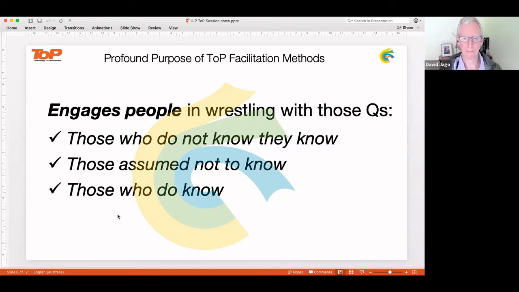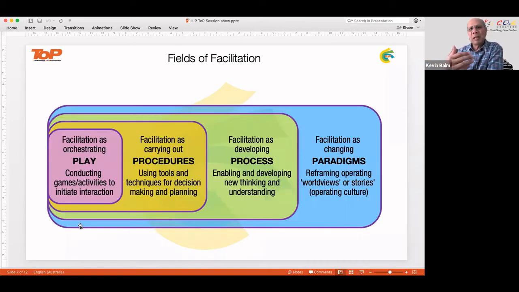All right, so that's a quick one on that. I want to do one more piece, and then I'm going to hand to David. Over the years, as we've developed ToP, our own practice, observed others' practice, we've seen some distinct fields emerge, or should I say, aspects of the one field.